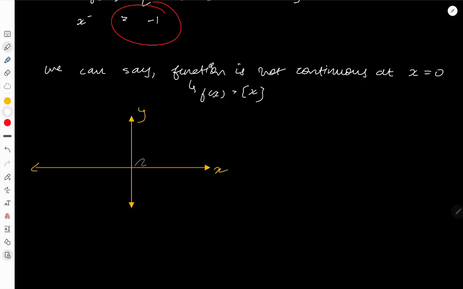This is xy, and the graph goes something like this. This is minus 1, 0, 1, 2, minus 2, and minus 3.